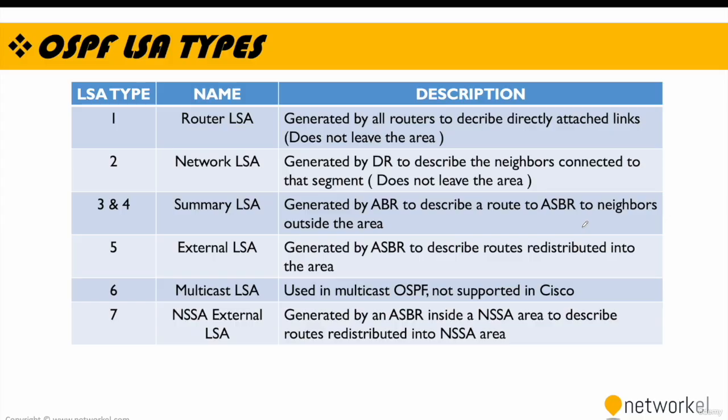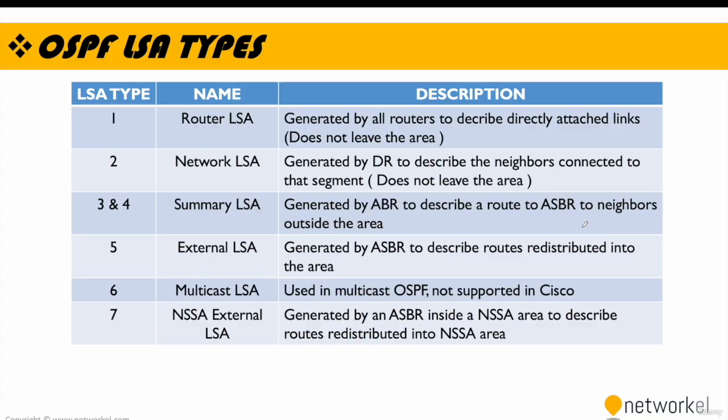LSA type 1 is known as the router LSA, and it is generated by all routers to describe directly attached links. The router LSA does stay in the area itself. It doesn't leave the area where it is generated and is used to describe directly attached links.